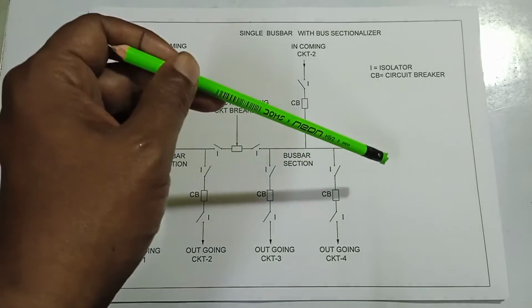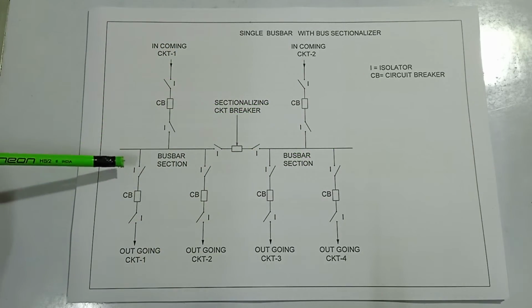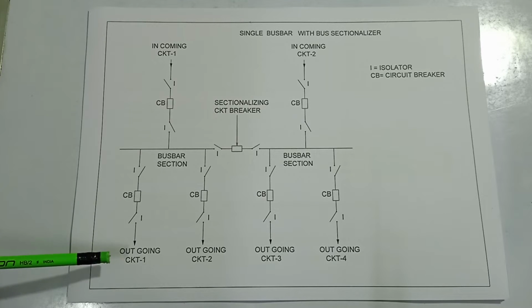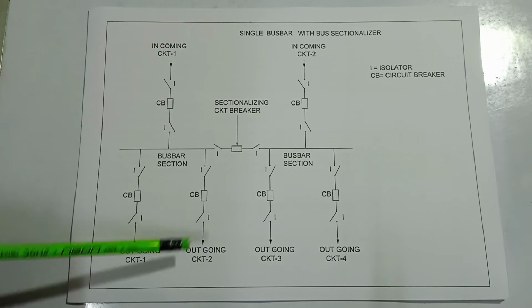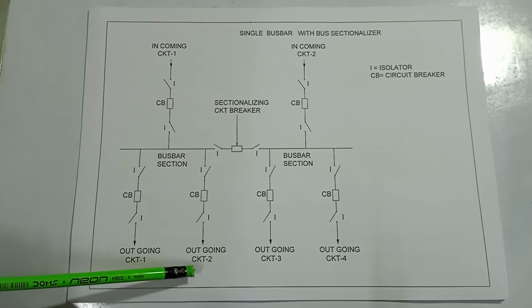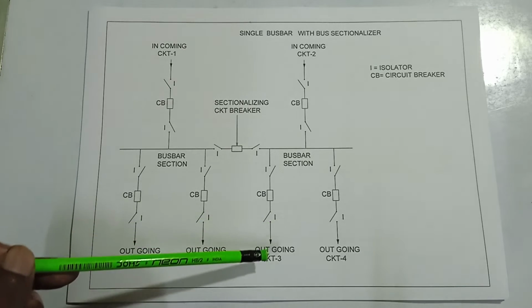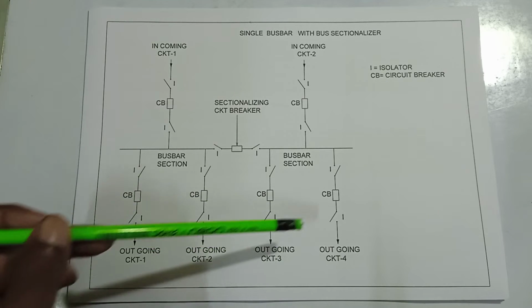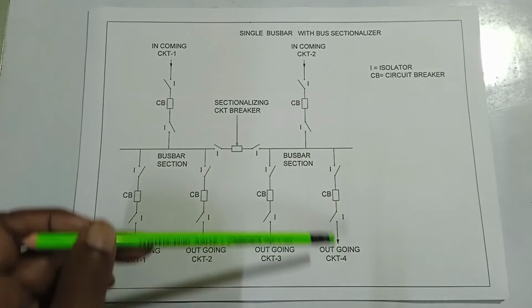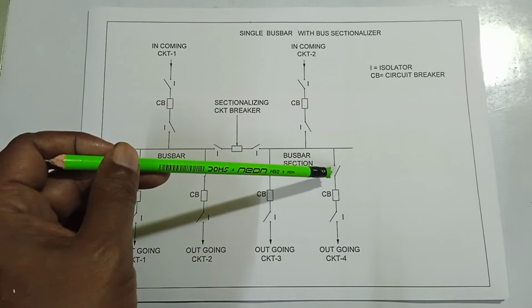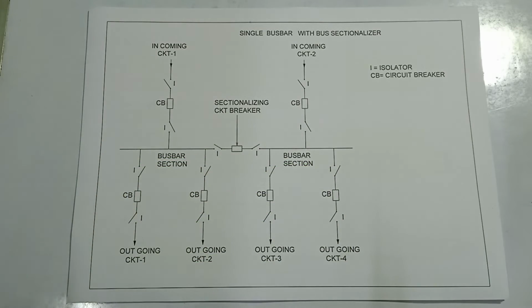Two bus sections. This is isolator, circuit breaker, isolator, outgoing circuit 1. The same for outgoing circuit 2, outgoing circuit 3, and outgoing circuit 4, all the same: isolator, circuit breaker, isolator.